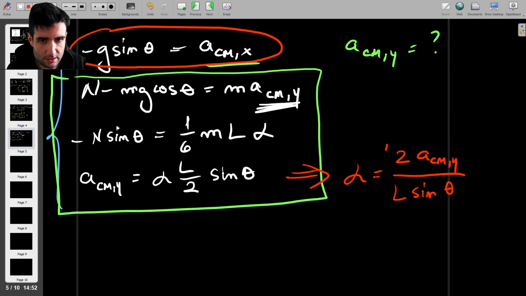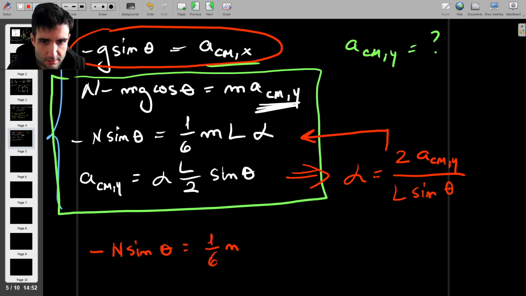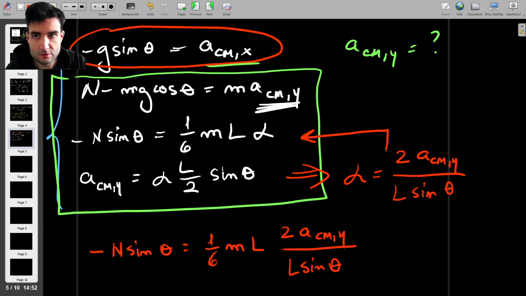And then I put this in the second equation, so we have minus n sine theta is equal to 1 over 6 m L, and then instead of alpha I just write that. So 2 ACM y over L sine theta, right? And then we can cancel out the L's, we can cancel out the 2 with the 6, and we get a 3.